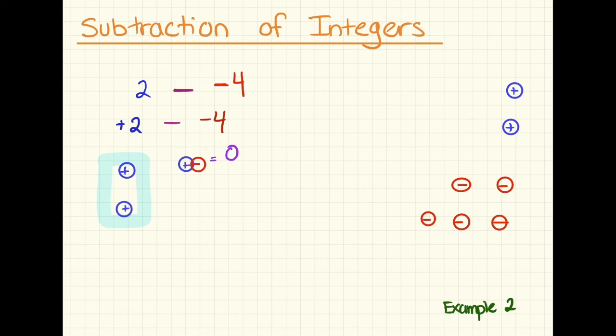So I'm going to grab a positive and I'm going to grab a second negative, but I'm not quite at 4 negatives yet. I only have 2 negatives on my screen right now. So once again, I'm going to grab another positive and another negative, and another positive and another negative, like that. But now that I have all of these really nice groupings, I want to take just the negatives away. I just want to take the negatives away.